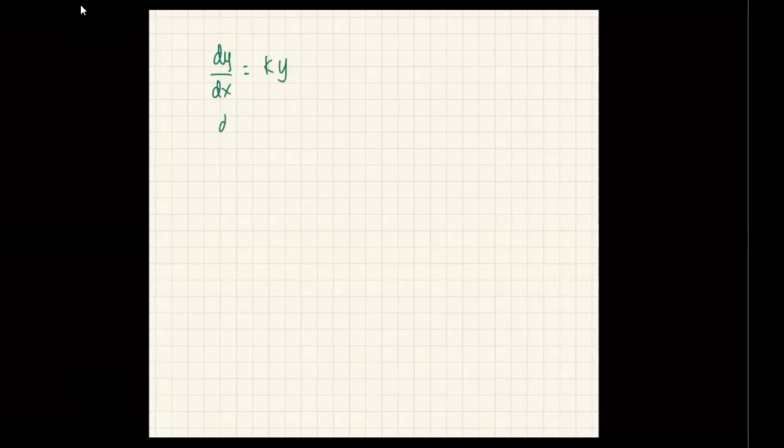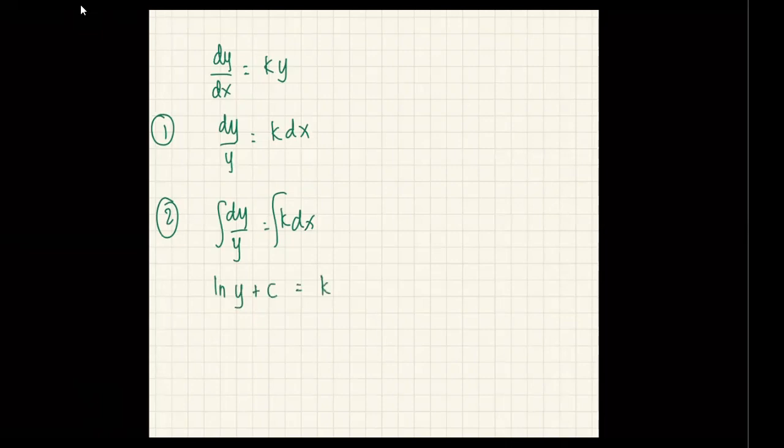So, gawin ko dy over y equals to k dx. Okay? So, ito yung pagkakaseparate ko. Ito yung sa first one. Then, number 2, integrate natin. So, dy over y, so, k dx. This will be ln y plus c is equals to kx plus c.